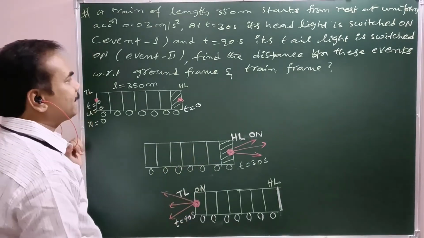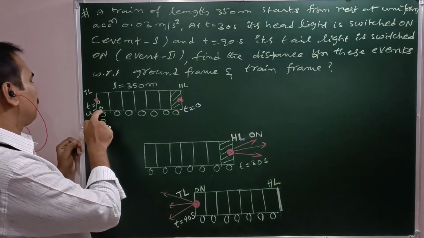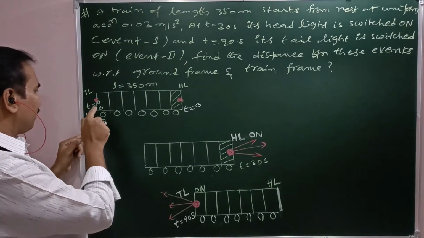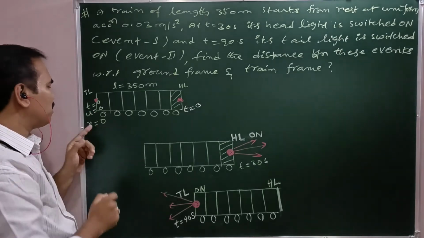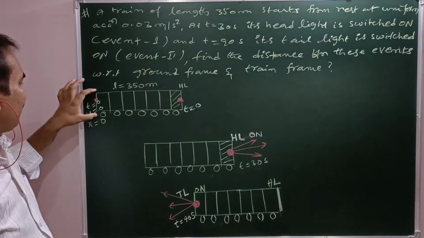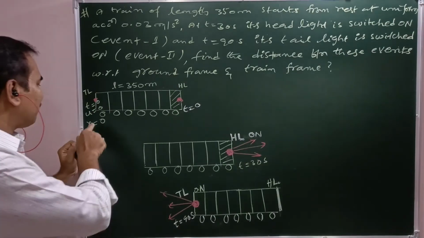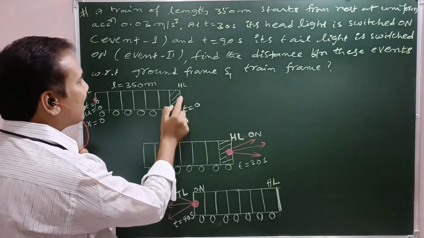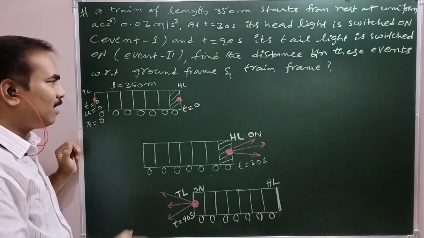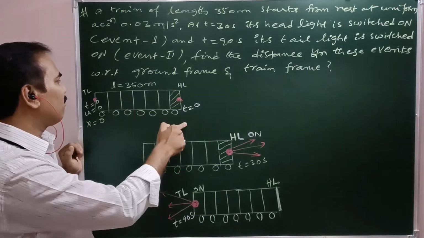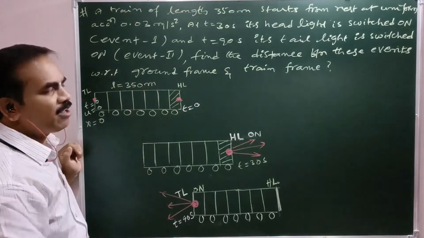Now see, at t equal to 0, initial velocity of the train is 0. I am taking this position to be the origin, that is x equal to 0. With respect to origin, the coordinate of the headlight at t equal to 0 is 350 meters. See, this headlight is at a distance of the length of the train at t equal to 0. L equals 350 meters.